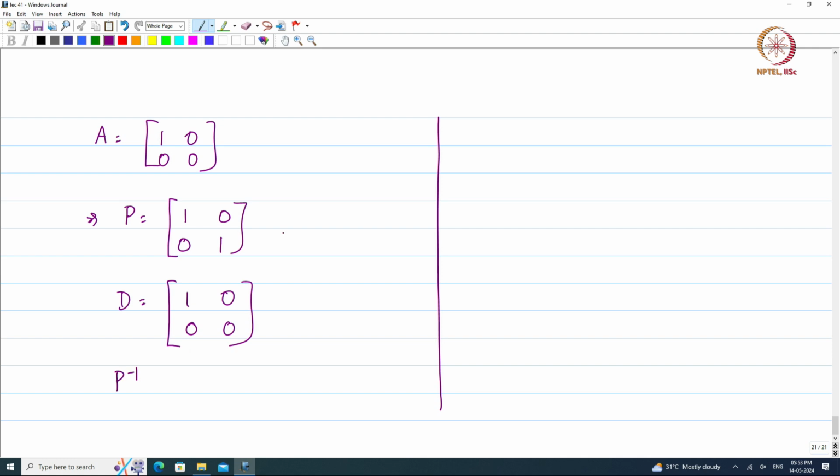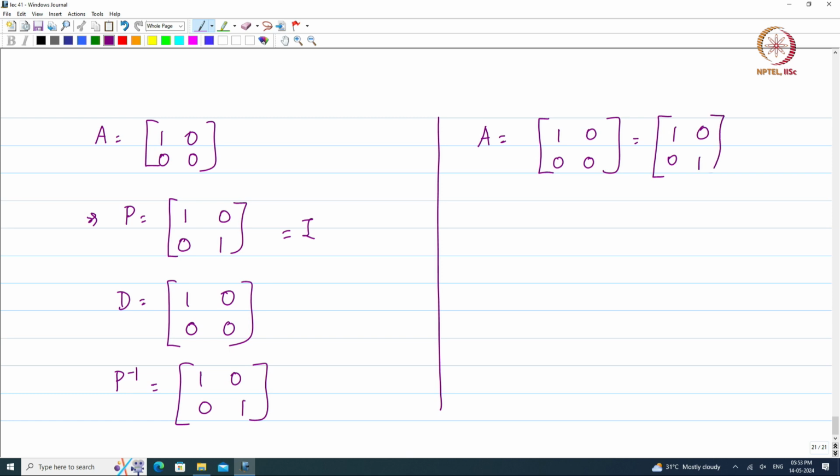P inverse, this is the identity matrix, P inverse is also the identity matrix 1 0 0 1. Therefore, you can very clearly see A is PDP inverse: 1 0 0 0 is the same as 1 0 0 1 into 1 0 0 0 into 1 0 0 1, right. So, this is what we have.